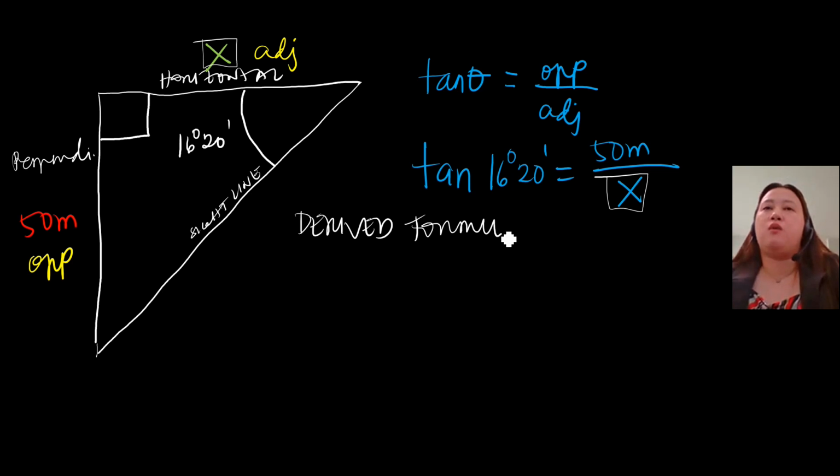So how are we going to do that? You can do it by cross multiplication. Remember, we have an equal sign, so we can cross multiply. If you know cross multiplication, the shortcut here, given an equation like this, is you can just interchange the numerator, tangent 16 degrees and 20 minutes, and the denominator x.